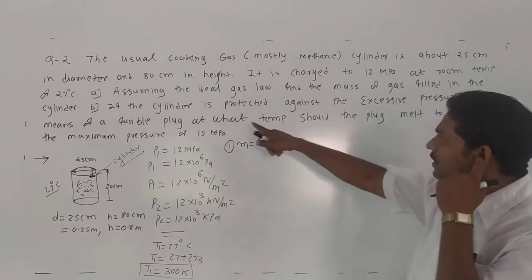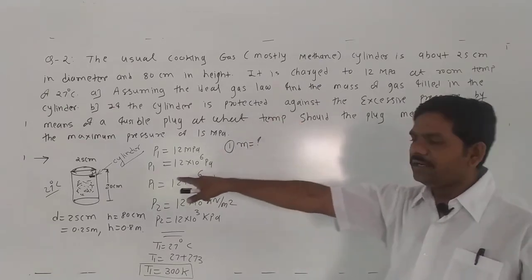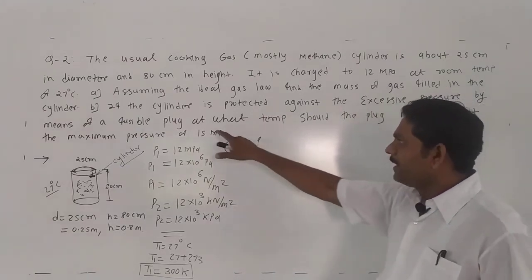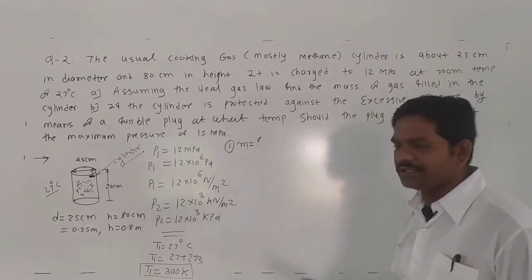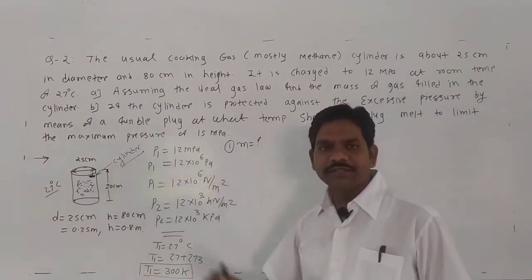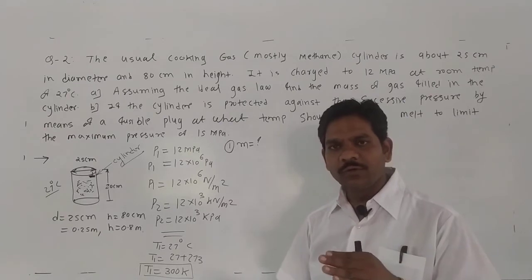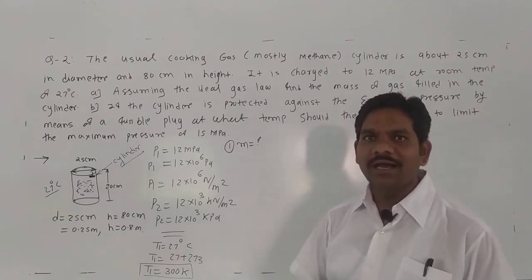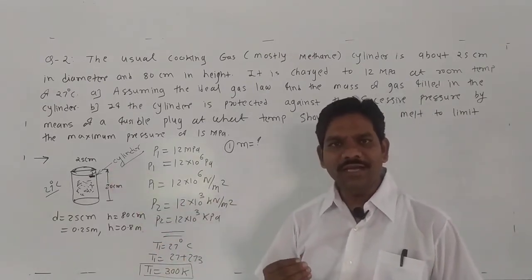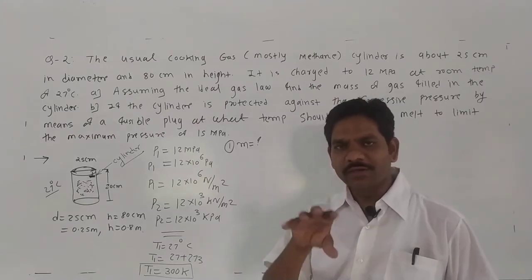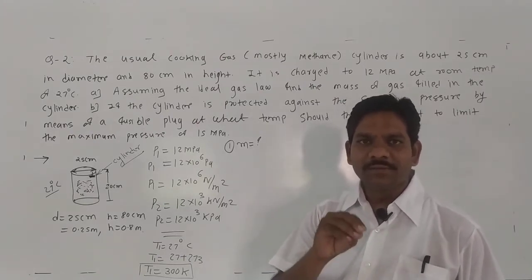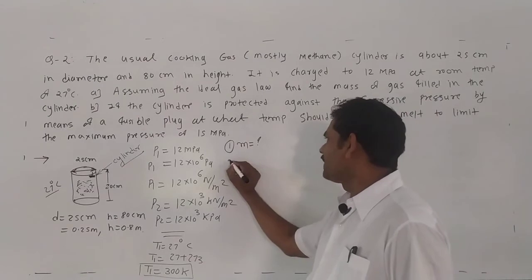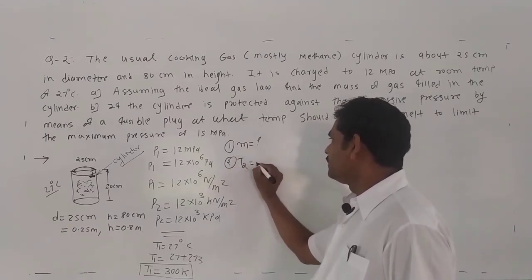If the pressure increases inside the cylinder, we know the temperature also increases. Because of the higher temperature, the fusible plug starts to melt. So we have to determine the temperature at which the fusible plug starts to melt. So the second parameter we determine is the value of the temperature T2.